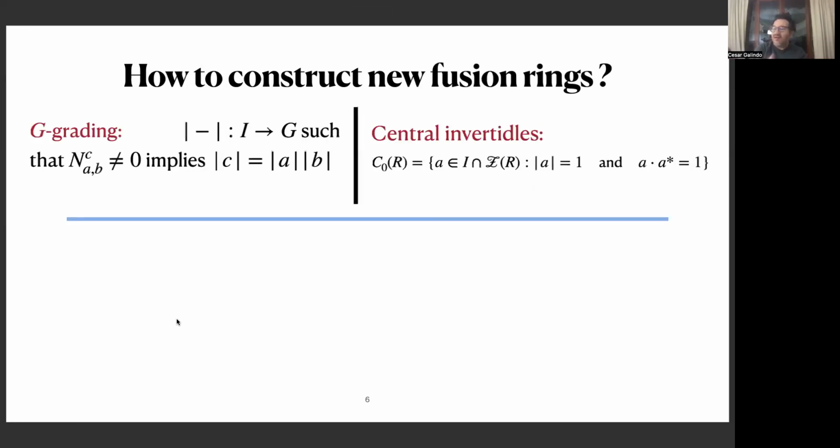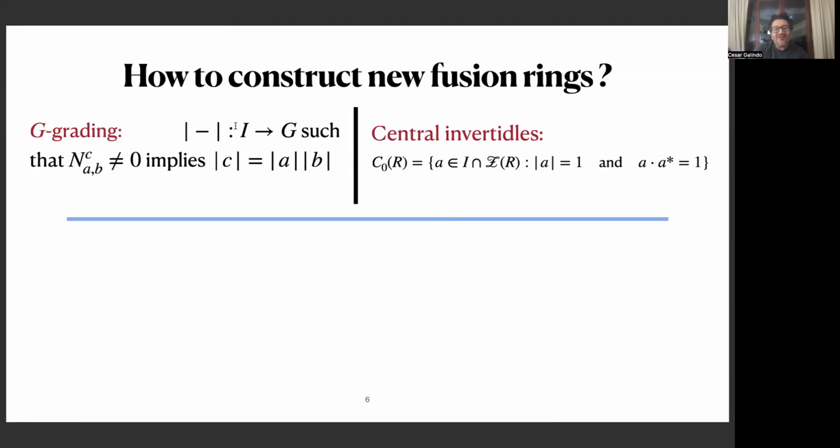So the idea is to use something that is very well known in group theory, that is just to change a little bit the multiplication using a cocycle. But here, by a cocycle, we have to be careful what we really mean. So the idea is that you now fix a group, let's say a finite group G, and then we can define the notion of a grading.